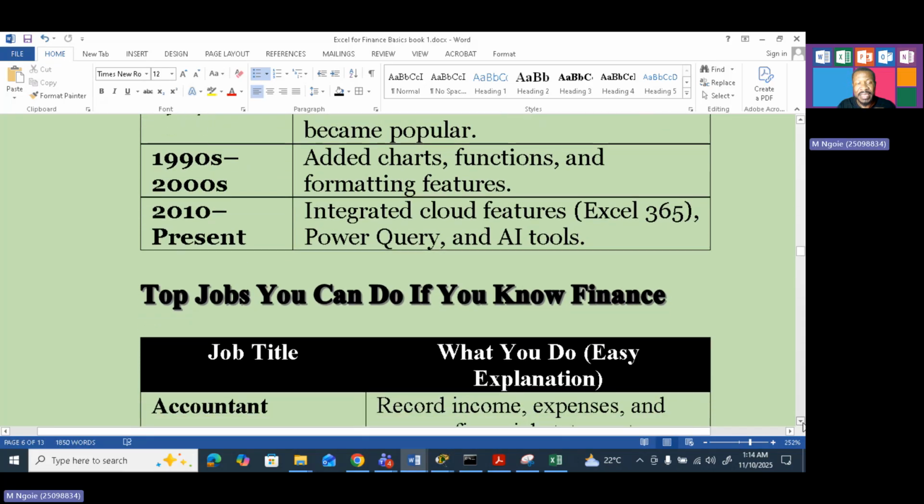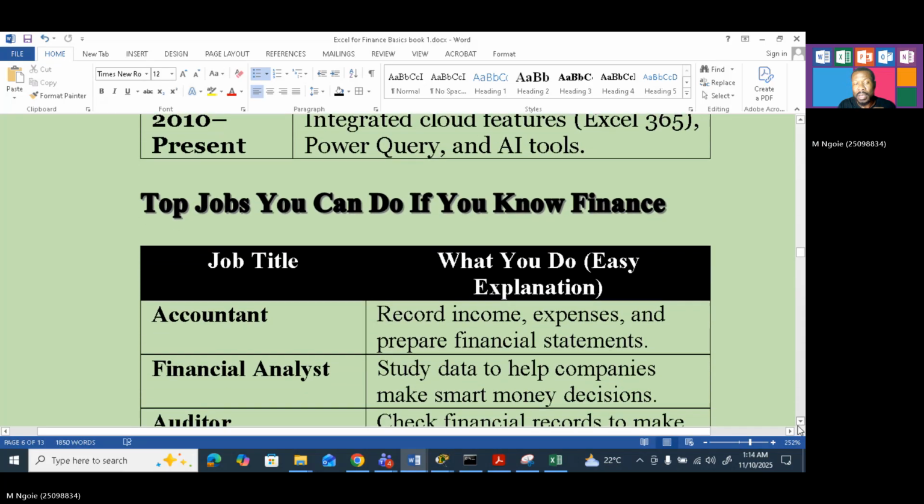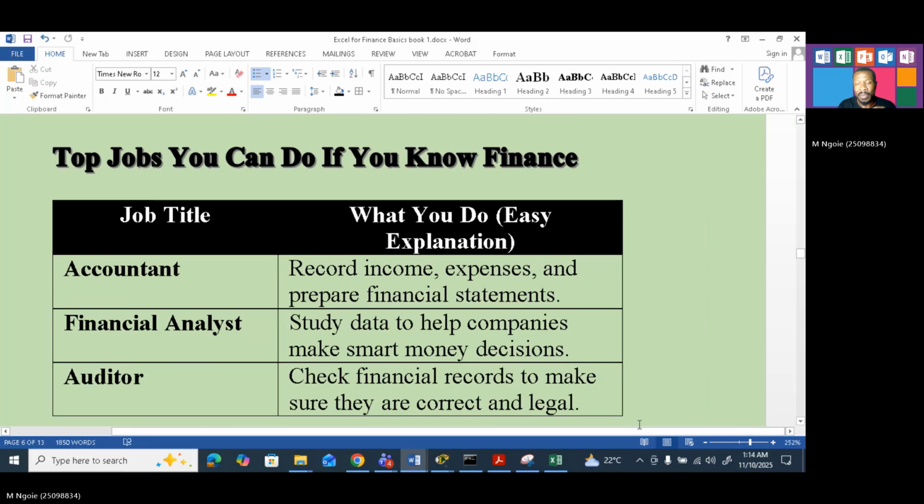So now, what are the jobs you can do if you know finance? Those people who know about finance, what type of jobs can they do? You can become an accountant. You know what is the job of an accountant? It's for recording income, expenses, and preparing financial statements.